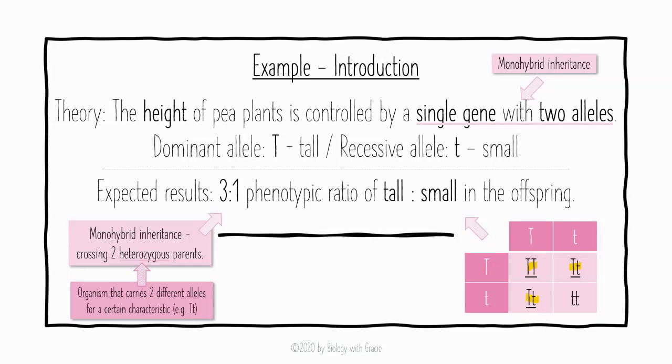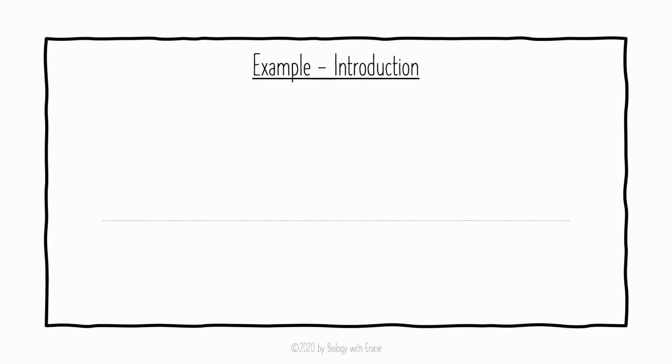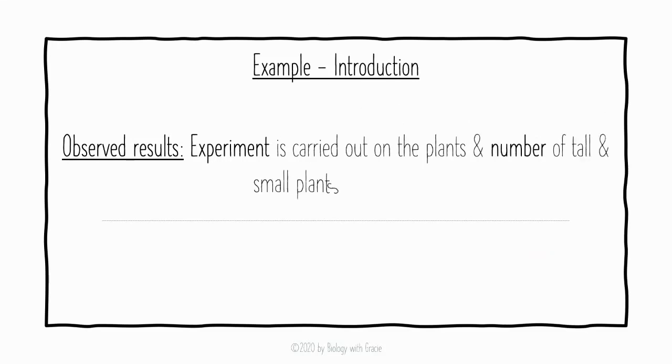Whereas for this one here with little t, because there's no dominant allele, this plant is going to be small. So as you can see, we've got 3 here, 1, 2, 3. So there's our 3, and then 1. So our 3-to-1 ratio of offspring. So then for our observed results, the experiment is carried out.